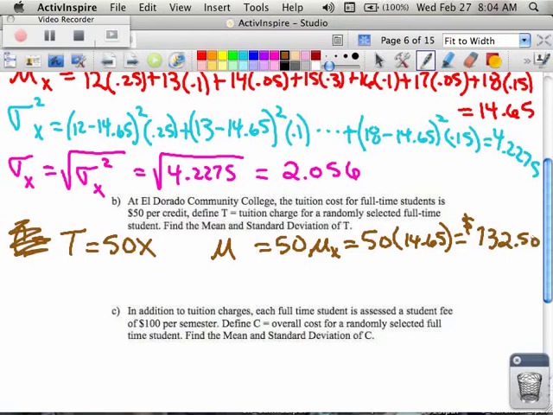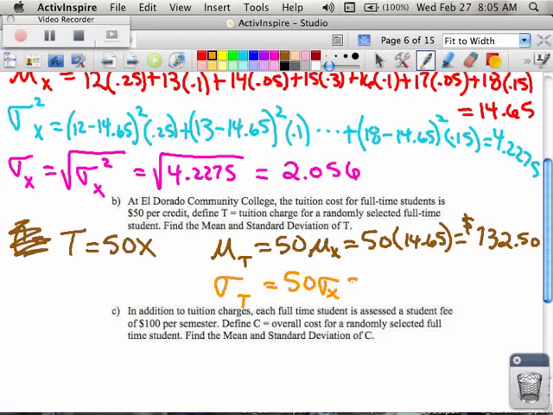And if I want to find my new standard deviation, I probably should put down the t's here because we're talking about this new variable. My new standard deviation will be 50, the new cost per credit, times my old standard deviation, which was 2.056.